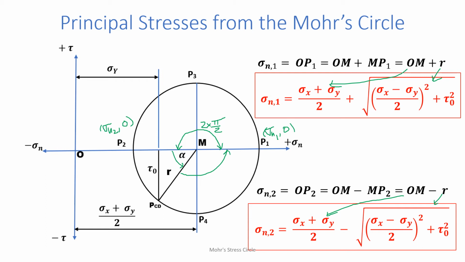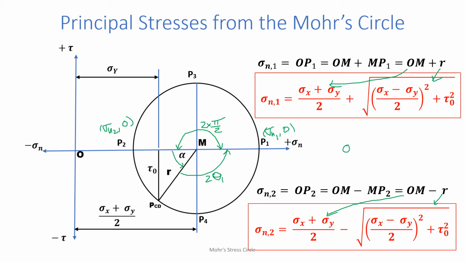So what we can do is, you can measure this angle. This angle gives the position of the maximum principal stress plane P1 with respect to PCD. But observe that we will prove later on, this angle will be twice theta 1. So you measure this angle, then theta 1 will be half of this.